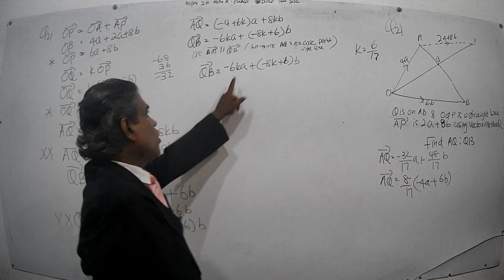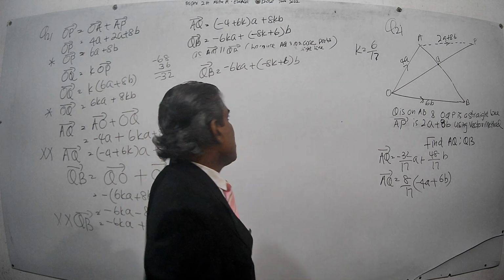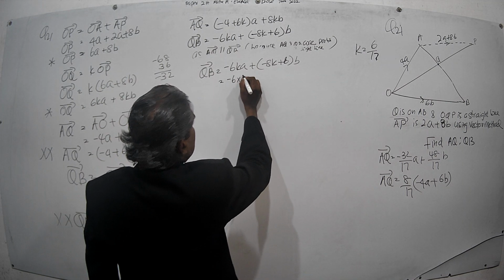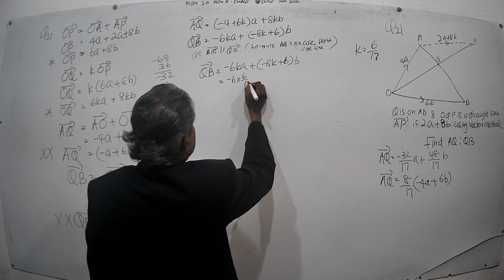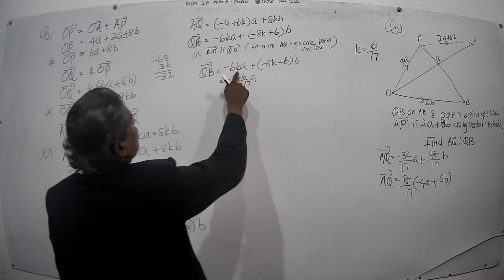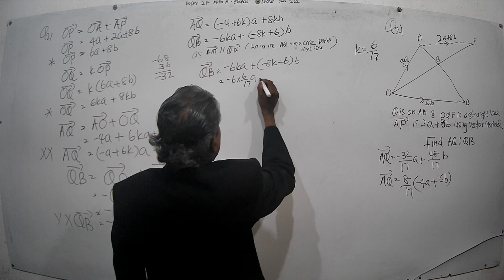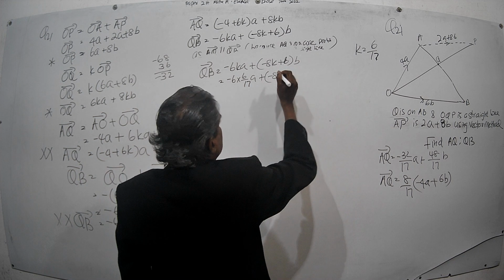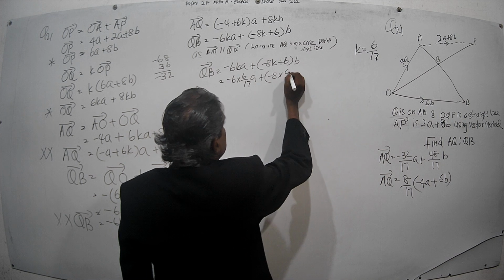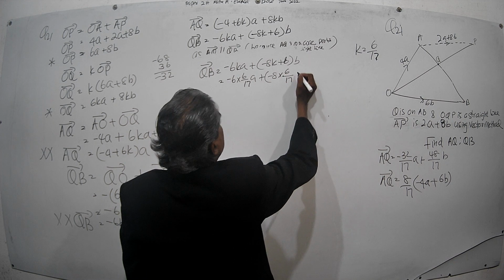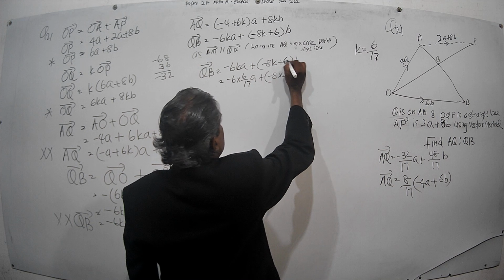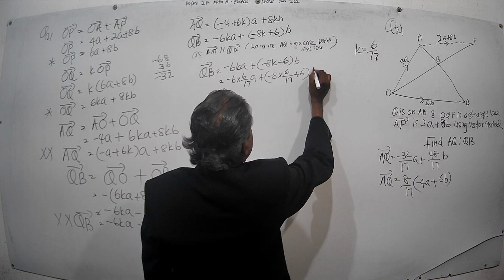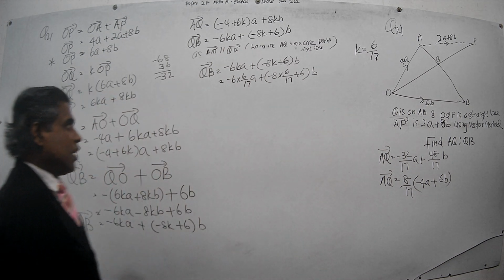For this K also, we substitute the K value we found. That is minus 6 into 6 over 70, a here. Then plus minus 8, instead of K substitute that K value, 6 over 70. Then plus 6b.